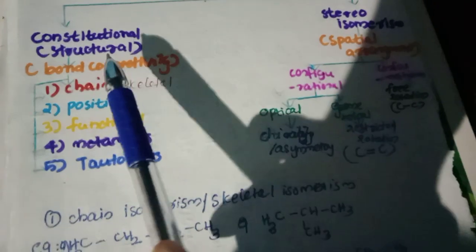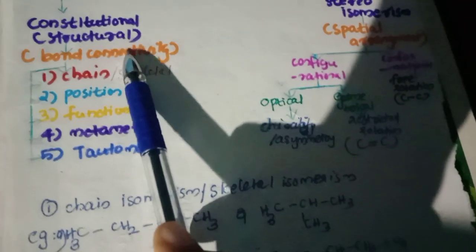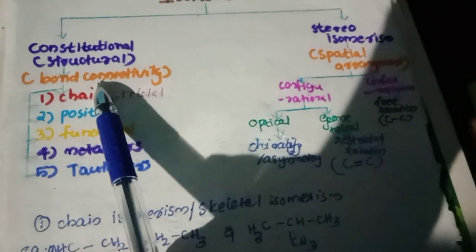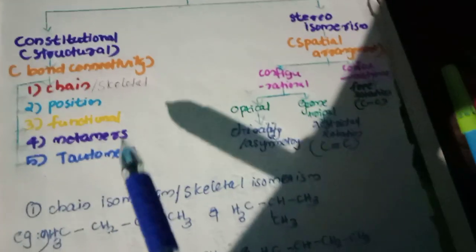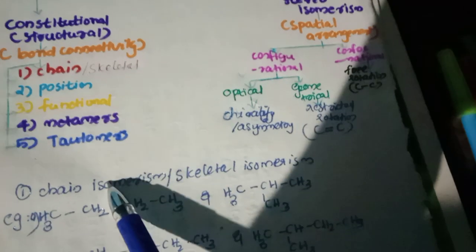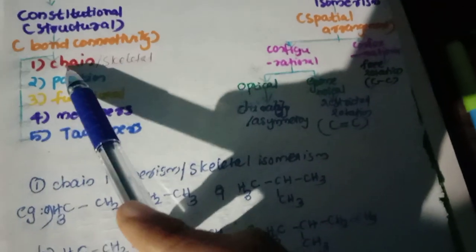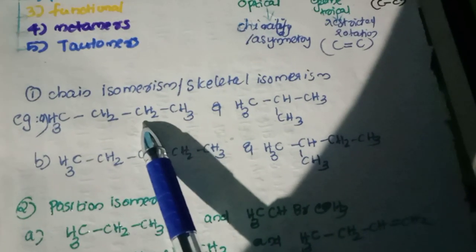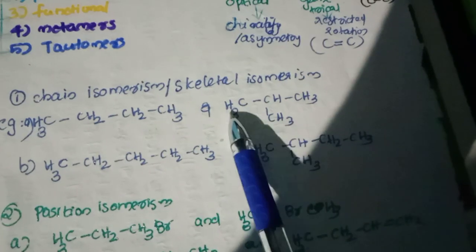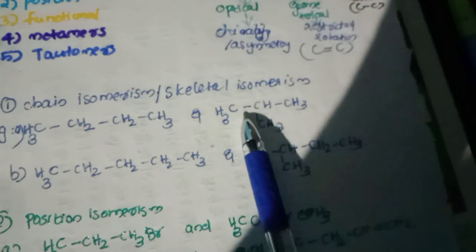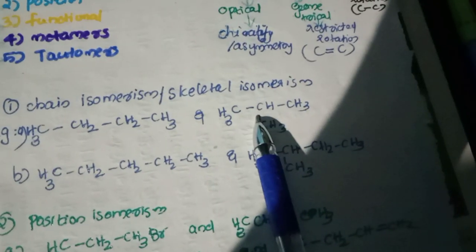In these constitutional or structural isomers, all isomers have the same molecular formula, but they differ due to bond connectivity. The first one is chain isomerism. This is butane, and this is 2-methyl propane.